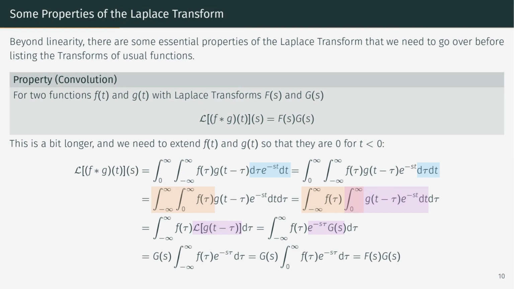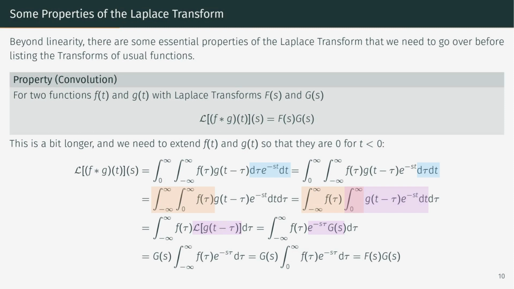So the Laplace transform for the convolution of f and g of t equals the double integral of f of tau g of t minus tau d tau times e to the negative st dt, with the first integral from 0 to infinity and the second from negative infinity to infinity.